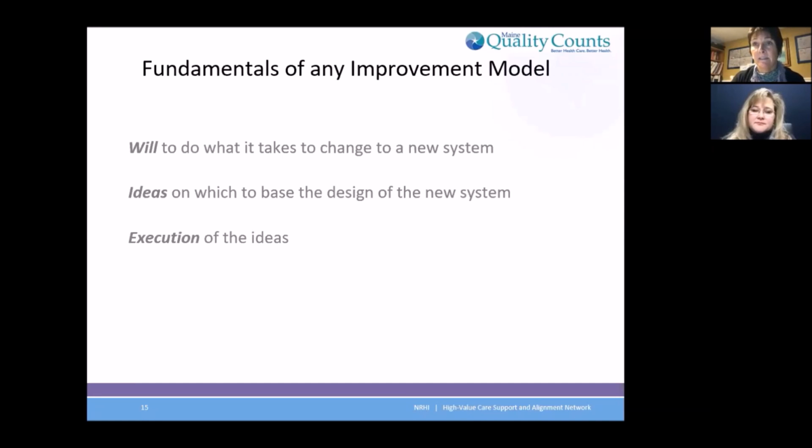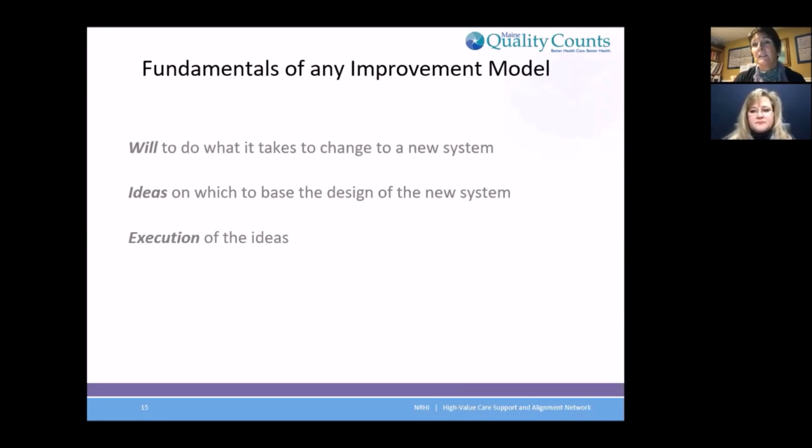It takes ideas on which to base the design of the new system. And I think in healthcare, my experience is we certainly don't lack for ideas and for things that we can change. And there's a lot of people who want to do the right thing. So I find that the will is there, but year after year, time after time, I find that the hardest piece, but the necessary piece, is then taking those ideas and all of that will and actually executing the ideas.